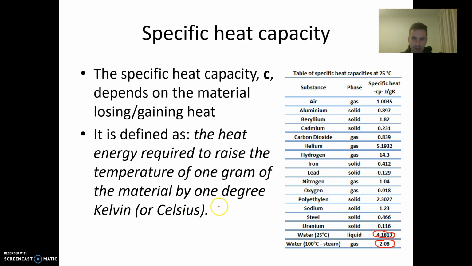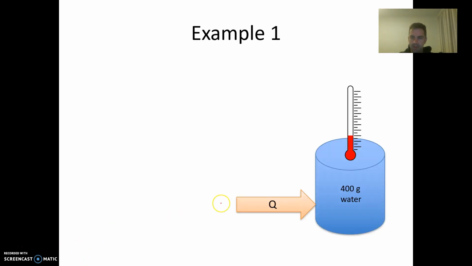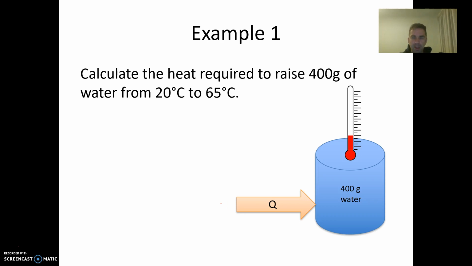So if we go on to a couple of examples here. Let's say we want to calculate the heat required to raise 400 grams of water from a starting temperature of 20 degrees Celsius to a finishing temperature of 65 degrees Celsius.